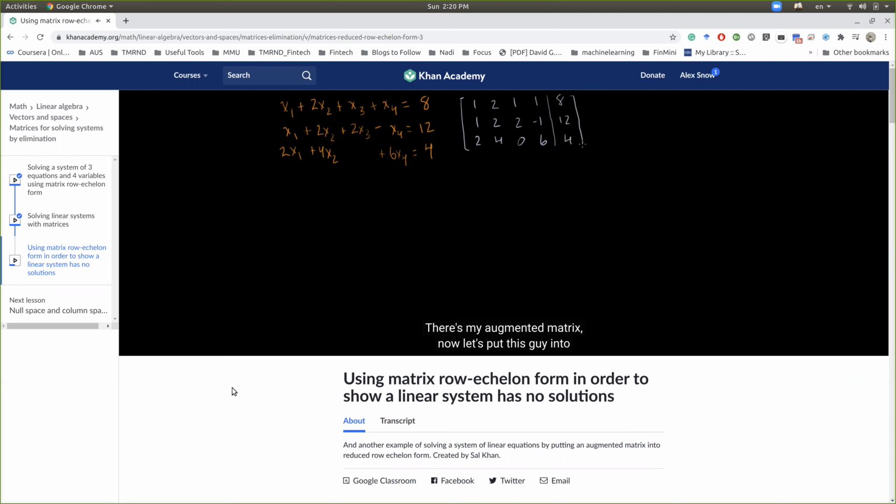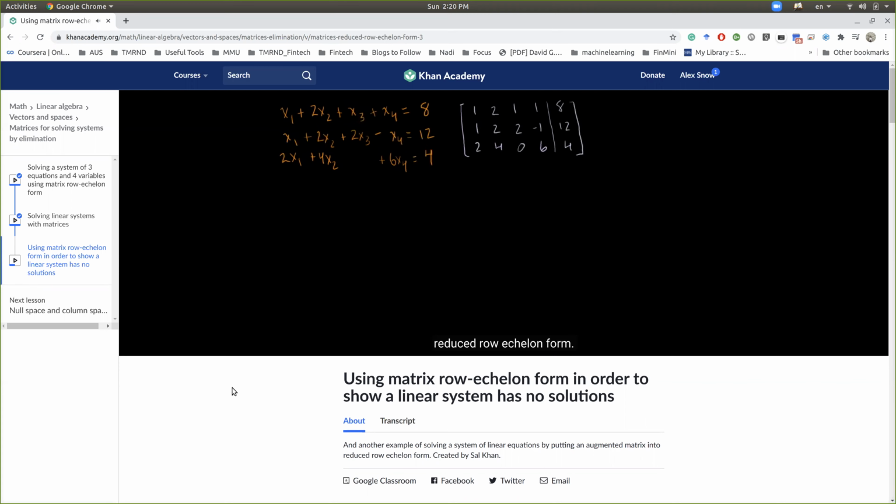Now let's put this guy into reduced row echelon form. The first thing I want to do is zero out these 2 rows right here. So what can we do? I'm going to keep my first row the same for now. So it's 1, 2, 1, 1, 8. That line essentially represents my equal sign. And let me replace the second row with the second row minus the first row.